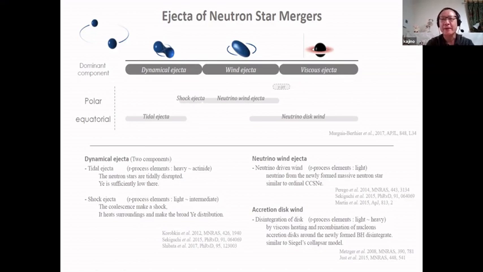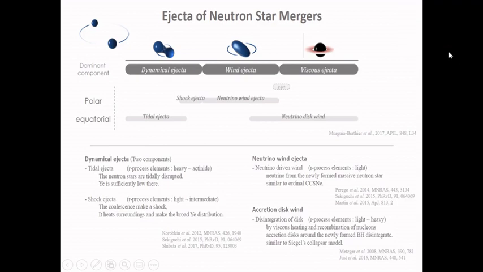But these are known to be responsible for the lighter part of the r-process, whose masses are less than 100. So we just simply adopted the dynamical ejecta arising from a simulation of ejecta, 3D or 2D. Okay, thank you. Welcome.